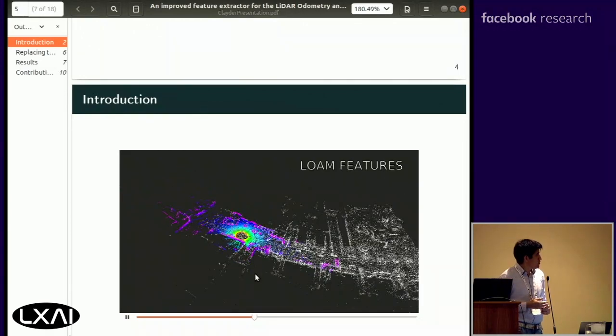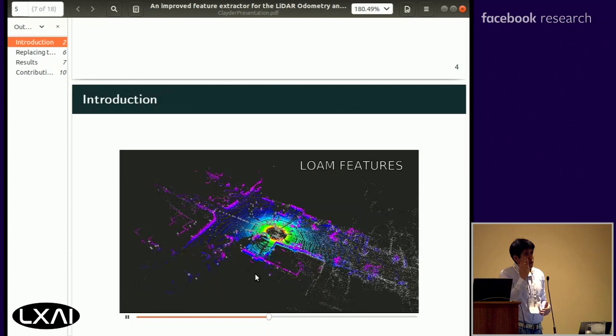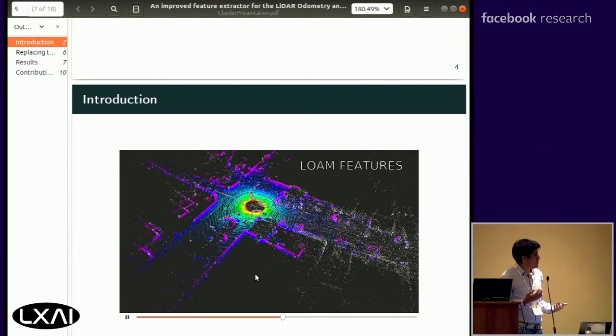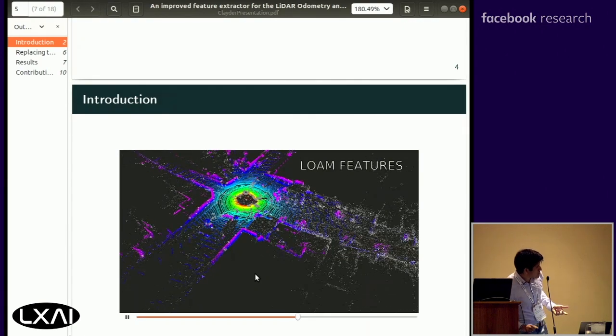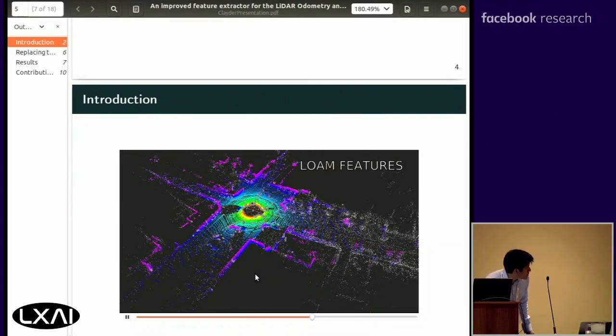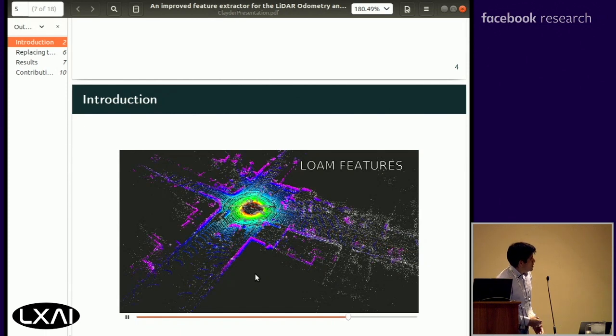And when I was studying this algorithm, I was wondering if this can affect the whole algorithm. So there, for example, the algorithm is estimating the map, and in this part, the robot is stopped at a certain part of the map.